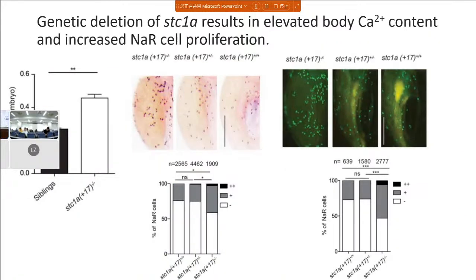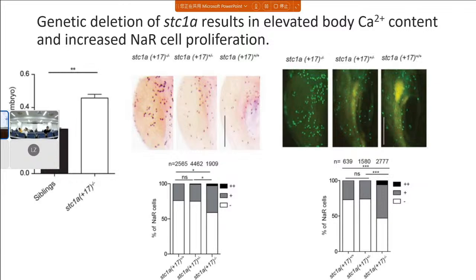Next, the authors measure the calcium ion level in the fish. The body's calcium ions significantly increase in the STC1A homozygous mutants compared with the control.